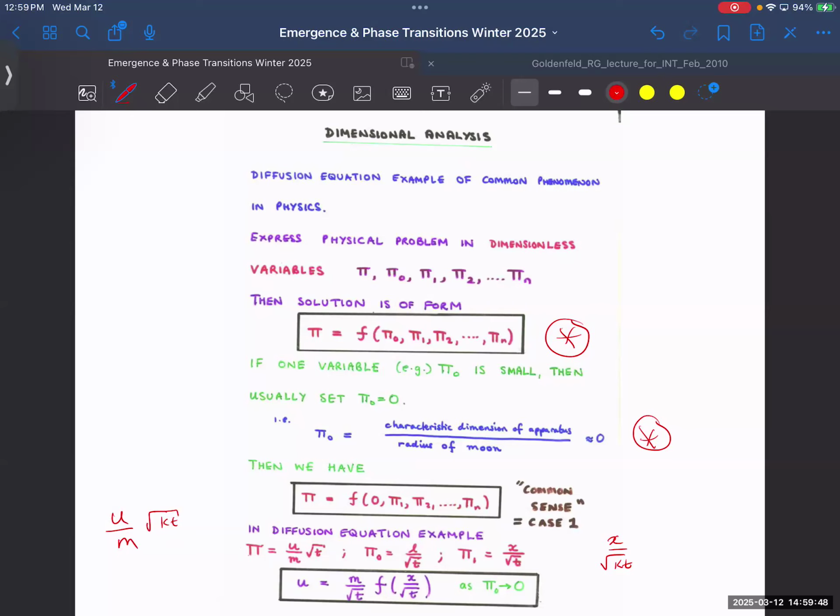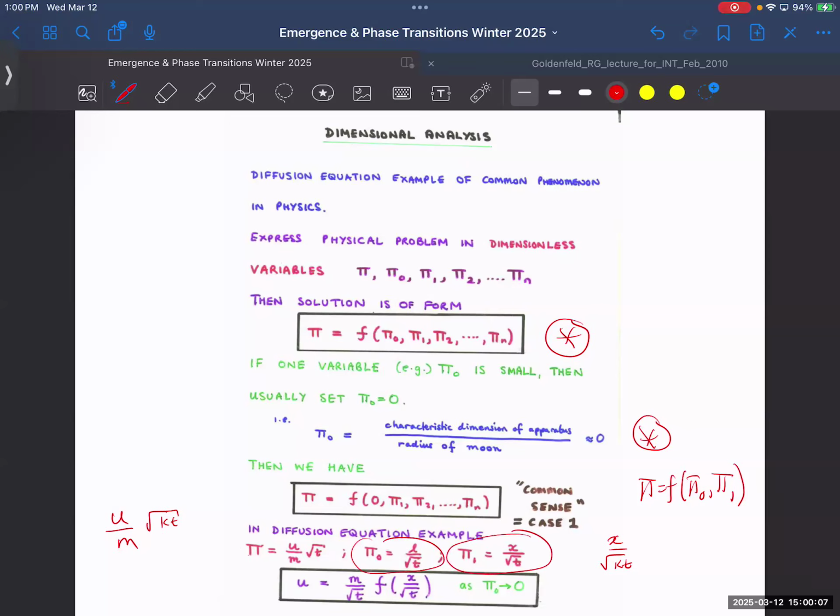And so I can write down that pi is a function of pi 0 and pi 1. Pi 0 is this one over here, pi 1 is this one over here.